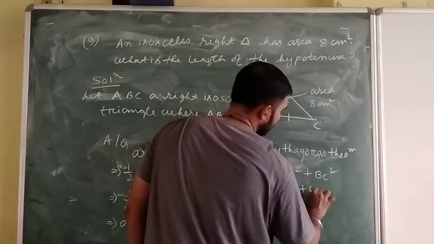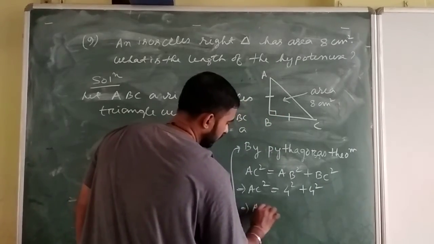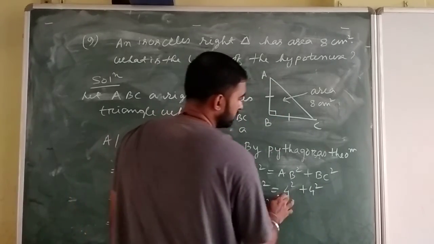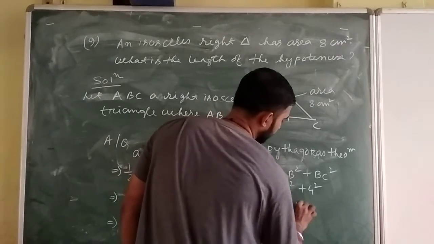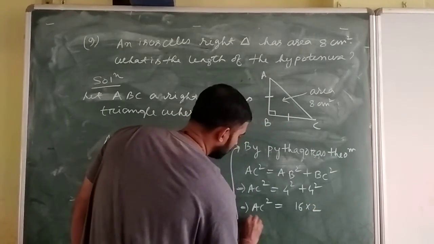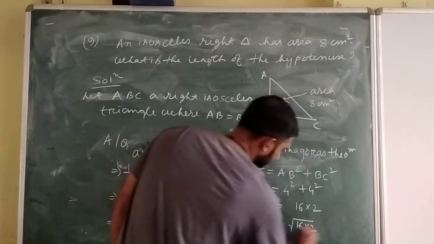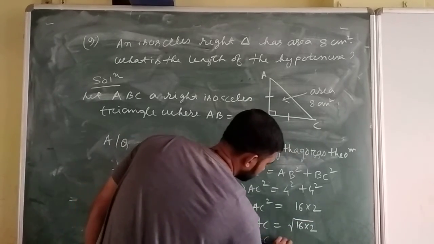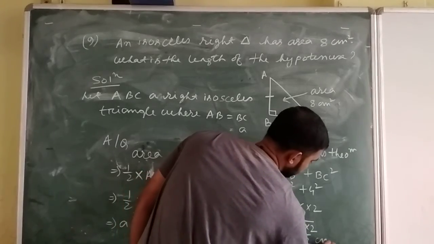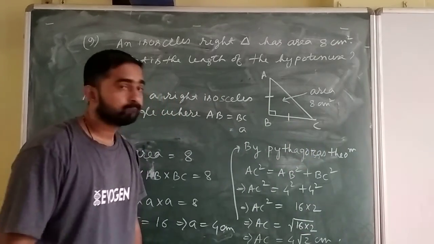So AC squared equals 4 squared plus 4 squared, which is 16 plus 16, 32. Or we can write 16 into 2, which implies AC equals 4√2. So that's all. Thank you.